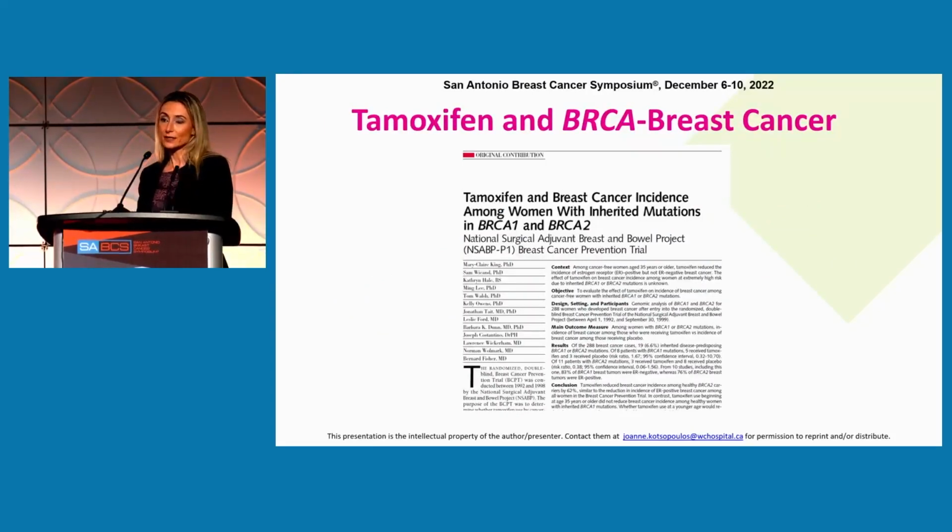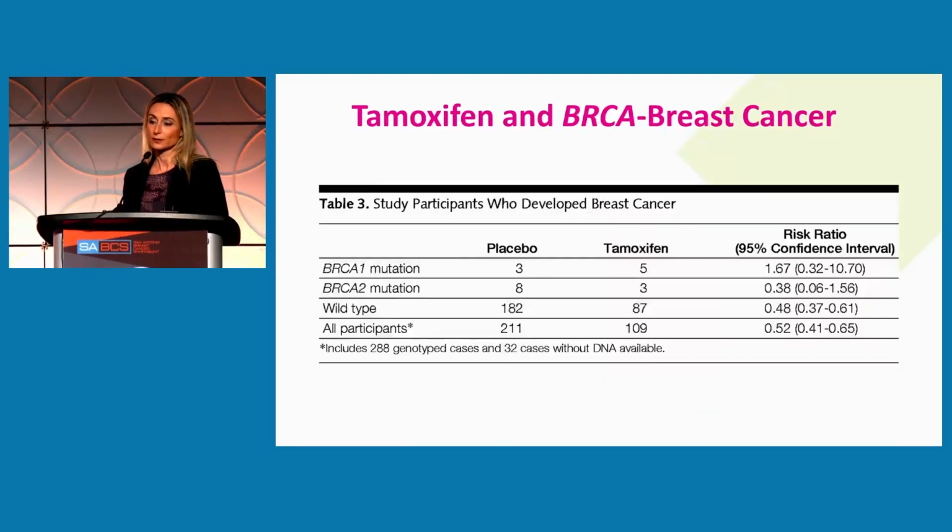So the main line of evidence for primary prevention comes from a very small subgroup analysis of the NSABP breast cancer prevention trial. This study actually had included 12 women with the BRCA2 mutation and 8 women with the BRCA1 mutation.